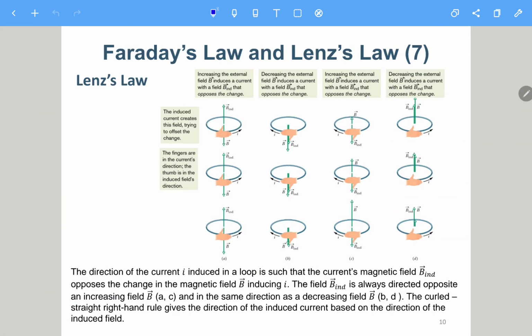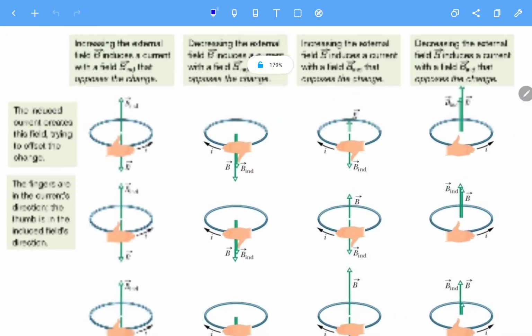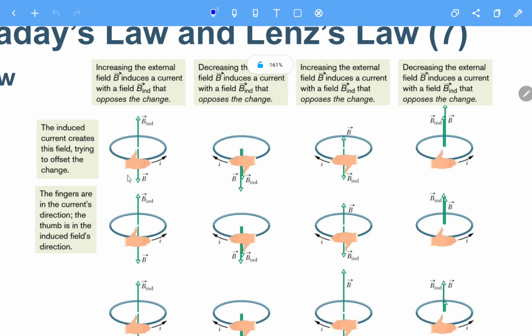Here is the demonstration of Faraday's and Lenz's law, starting from the top left. The induced current creates this field trying to offset the change. It says increasing the external field B induces a current with a field B induced that opposes the change. This is the initial setup.